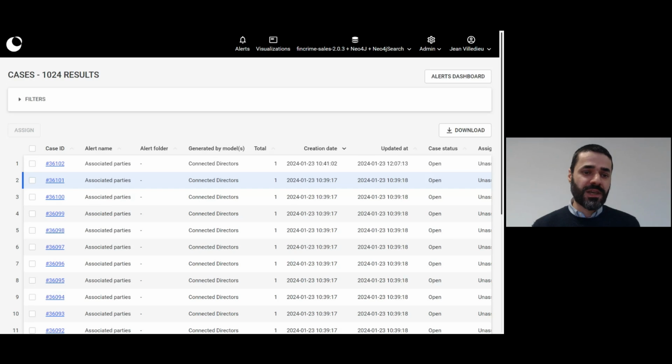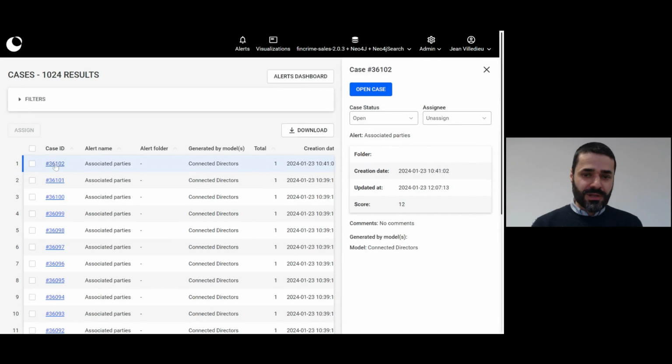That list of cases can be sliced and diced based on the alert types, based on the status of the alert. But right now I'm just going to go ahead and look at the latest alert. So I'm clicking on it now. I can see a bunch of information about that. I can see that it hasn't been assigned yet. I can see that the status is open. I can change that. I can assign it to myself. But right now I want to just open the case.